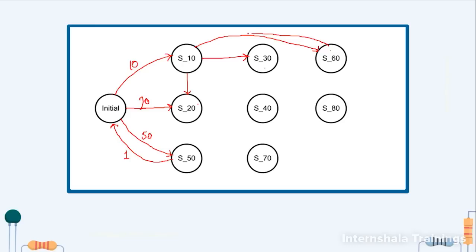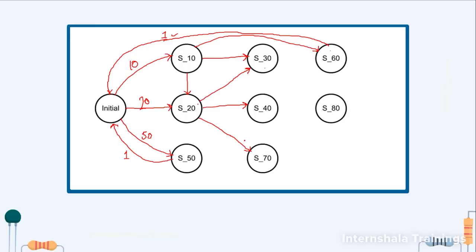So from 60, we are going to traverse back to S initial. The product will be given and change will also be given. Now when we are at 20, if we add 10, we go to 30. If we add 20, we go to 40. And if we add 50, then we go to 70.